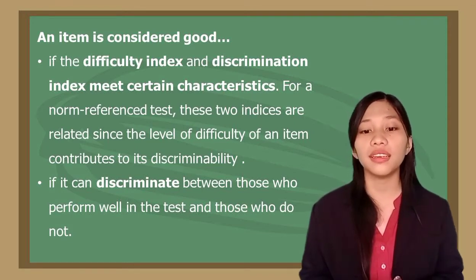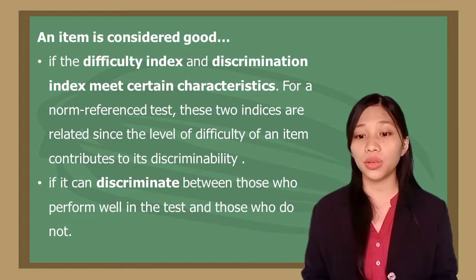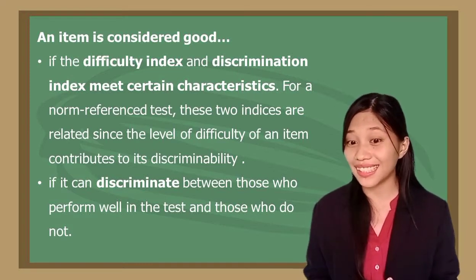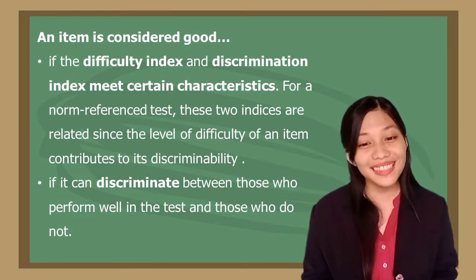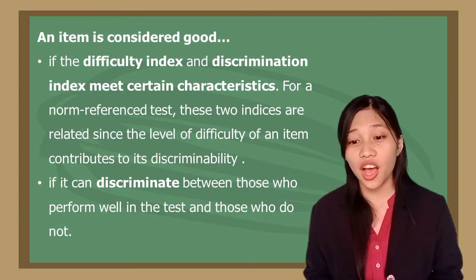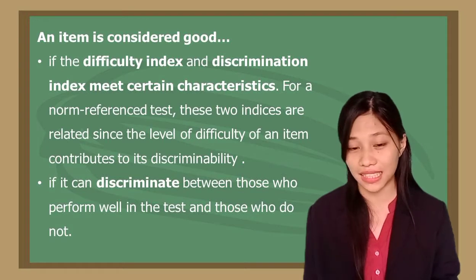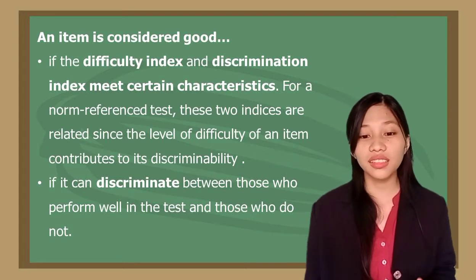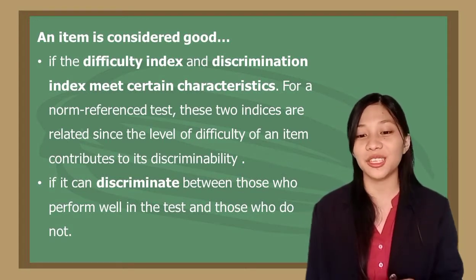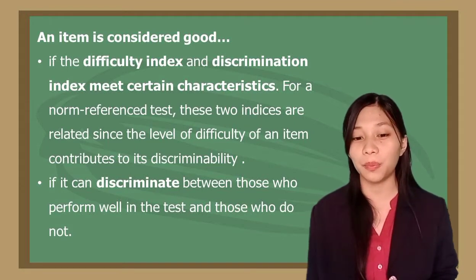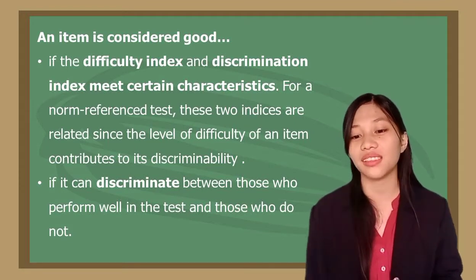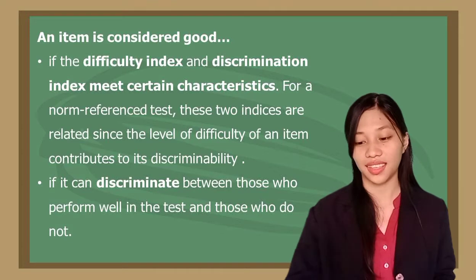For a norm reference test, these two indices are related since the level of difficulty of an item contributes to its discriminability. Also, it depends on whether it can discriminate between those who perform well in the test and those who do not.